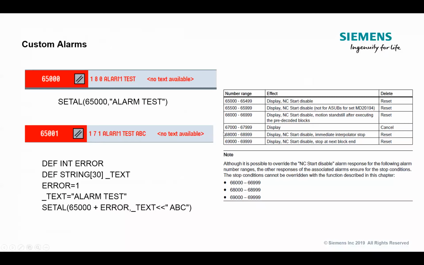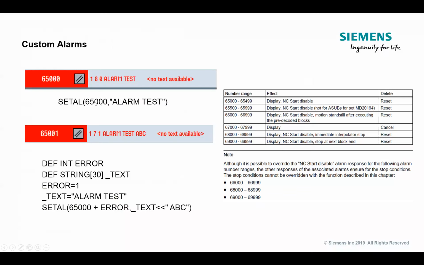Now, there's a bunch of different ways to get into alarms. Certainly, if you're going to play around with these alarms, you want to double check with the OEM to see which ones they've used. But probably the easiest and safest thing you can do is use the set alarm command. If you follow this syntax, set alarm, parenthesis, the number I want, and generally speaking, as you start to create your own alarms, I would just use that given number for that type of alarm.